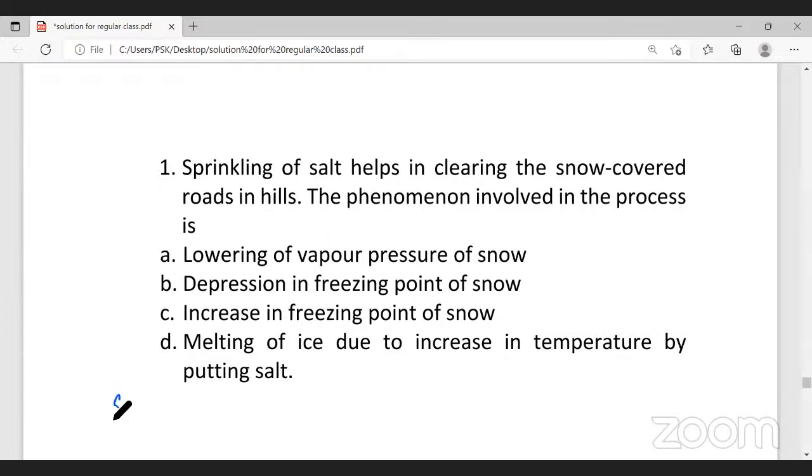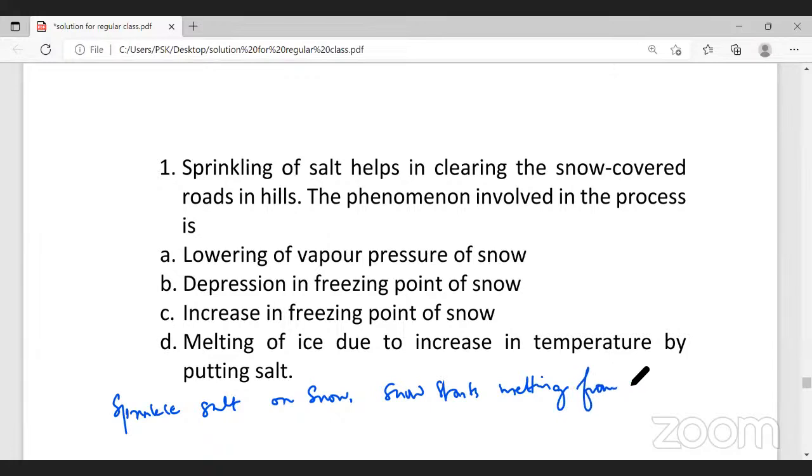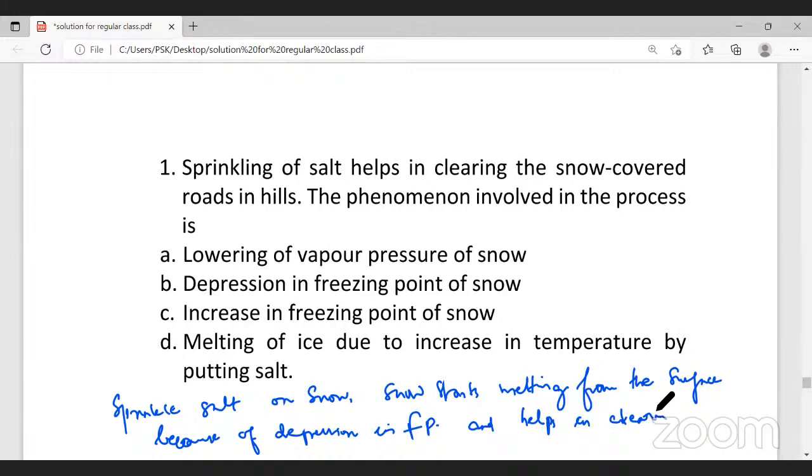You should remember, when you sprinkle salt on snow, the snow starts melting, because there's a decrease in freezing point, melting from the surface because of depression in freezing point and helps in clearing the road.